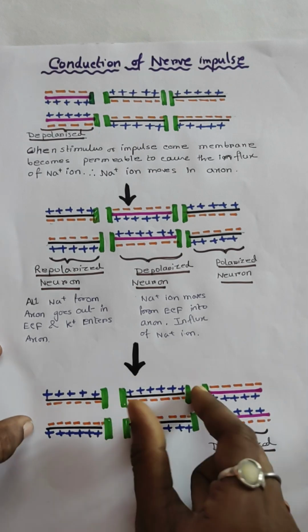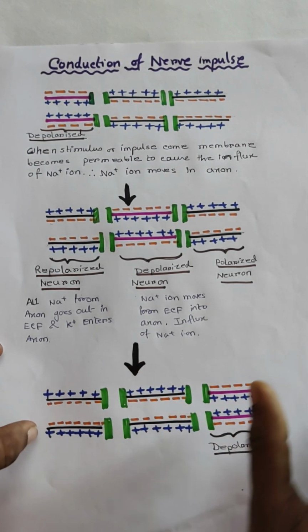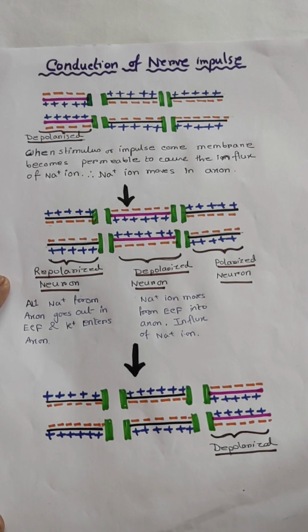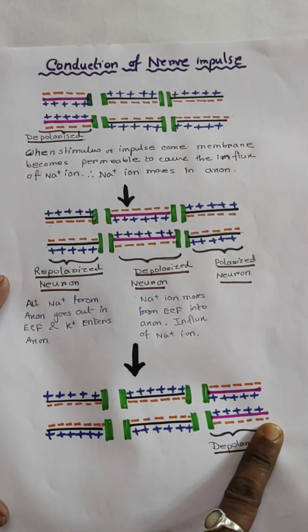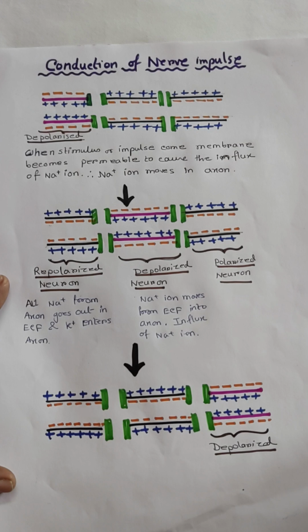Okay, so in that way the impulses are conducted throughout the membrane. Impulses travel in these small parts of the neuron, and they keep on traveling till the end of the synaptic knob.